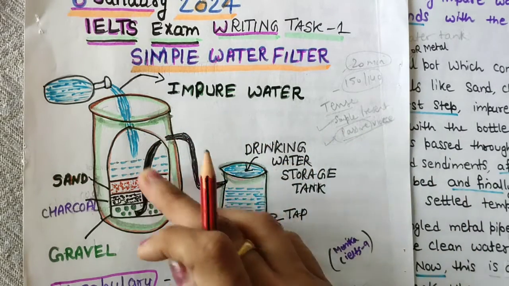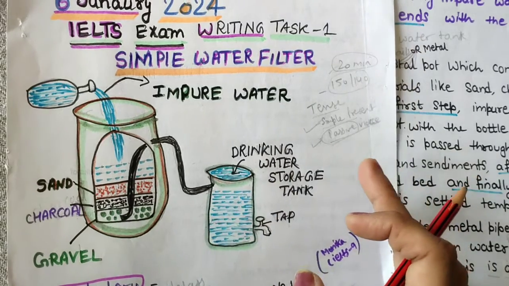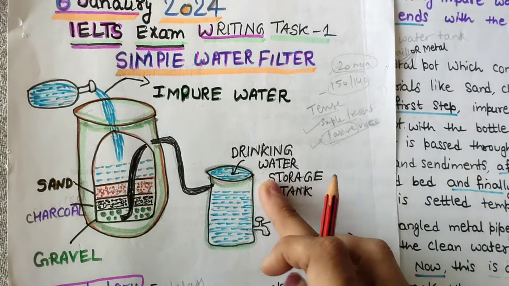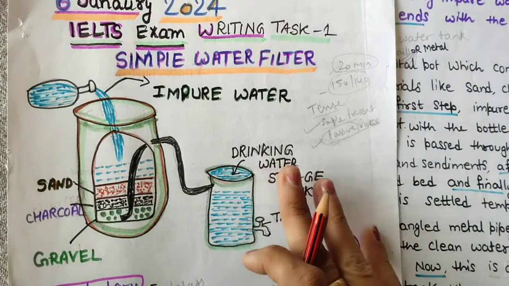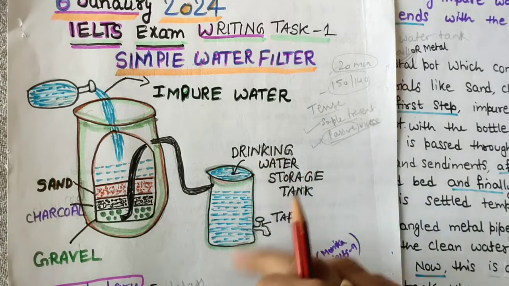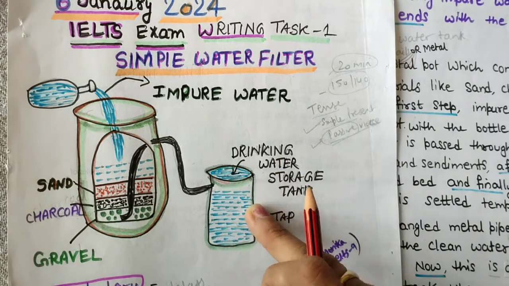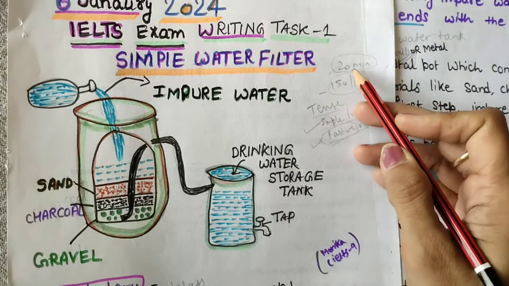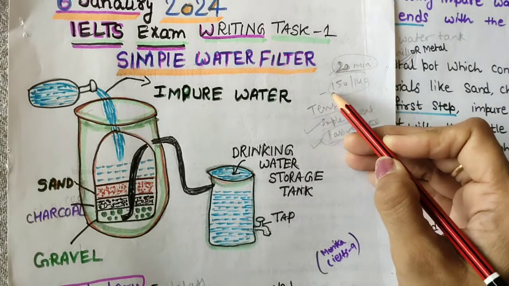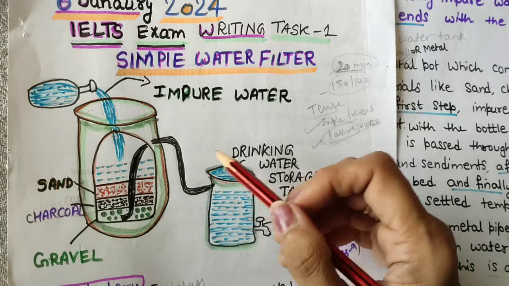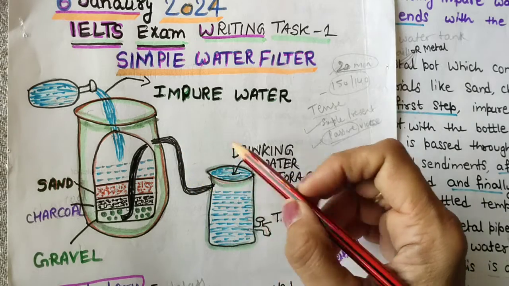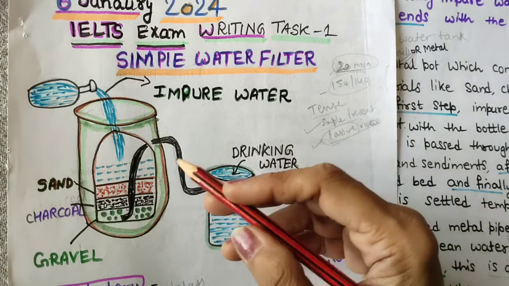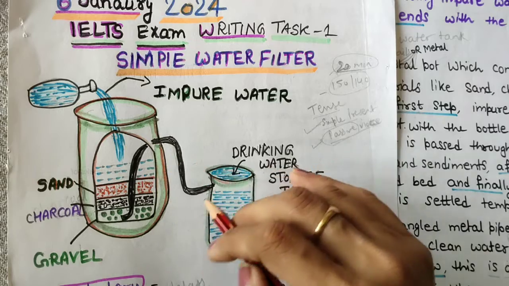Whatever words they have given in the diagram, you should use in explaining body paragraphs as well as in the introduction and in the overall paragraph. So let's start how to write the introduction. Definitely out of 20 minutes, the first 5 minutes you need to spend analyzing the diagram, process diagram or map diagram or any diagram.